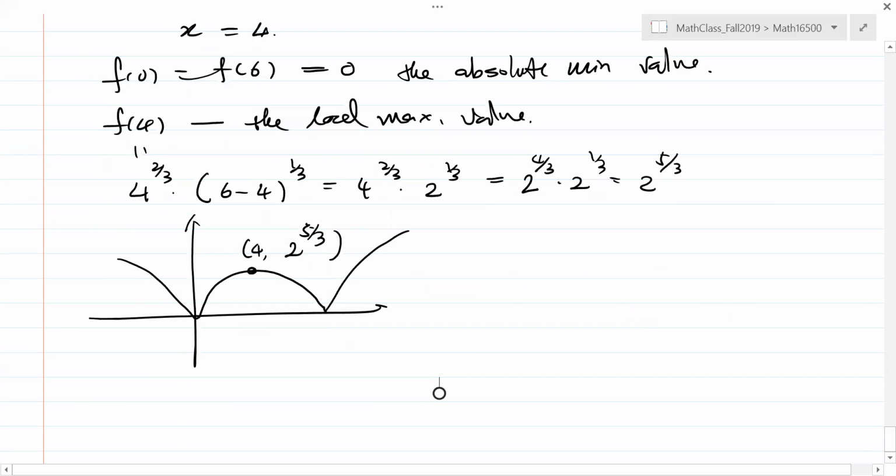Can you find the second derivative? Yeah, let's take a look at the second derivative.